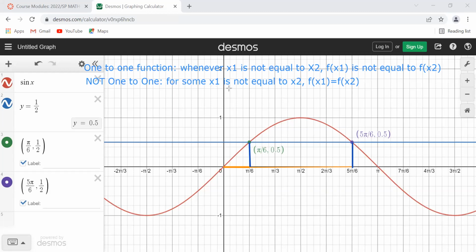So for some x1 not equal to x2, you can see pi over 6 is obviously not the same as 5 pi over 6, but their outputs are the same.